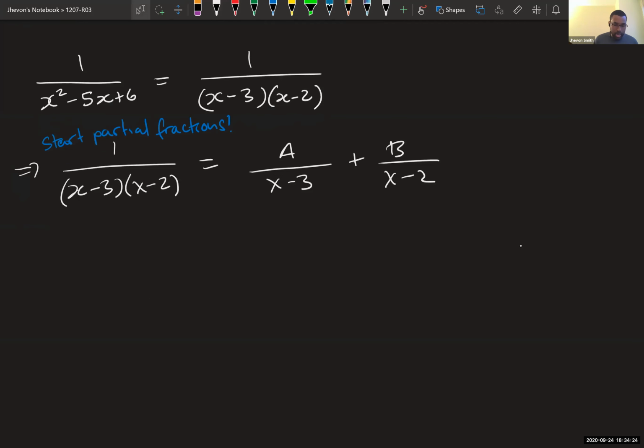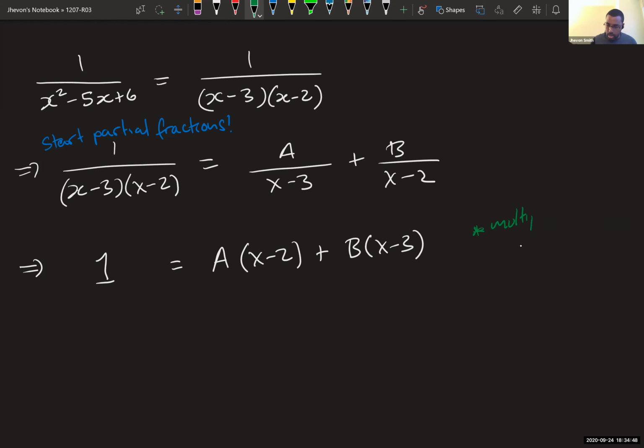Okay, now what I can do is multiply both sides by the denominator on the left. So I multiply both sides by x minus 3 times x minus 2. The left side now gives me 1. The right side would give me that. So what I just did was multiply both sides by (x minus 3)(x minus 2), the left denominator.